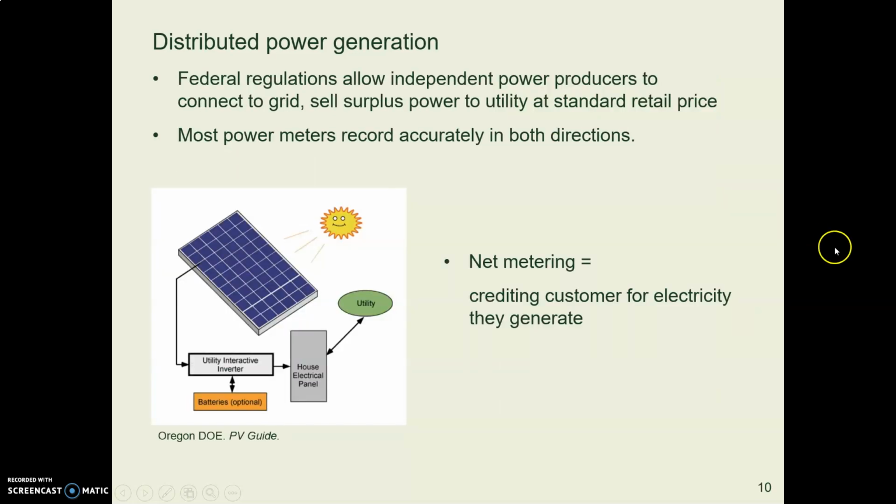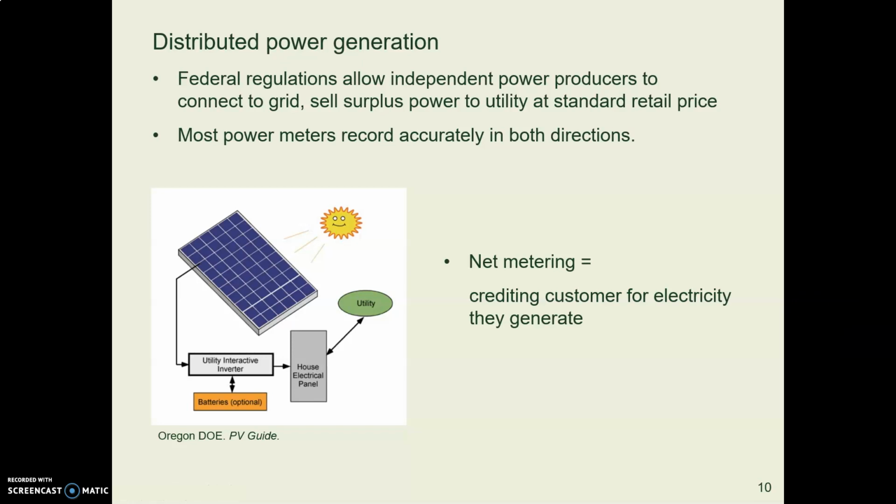Meters can record power flow both ways. And that ability to send the power back the opposite direction and get credit for it is called net metering.